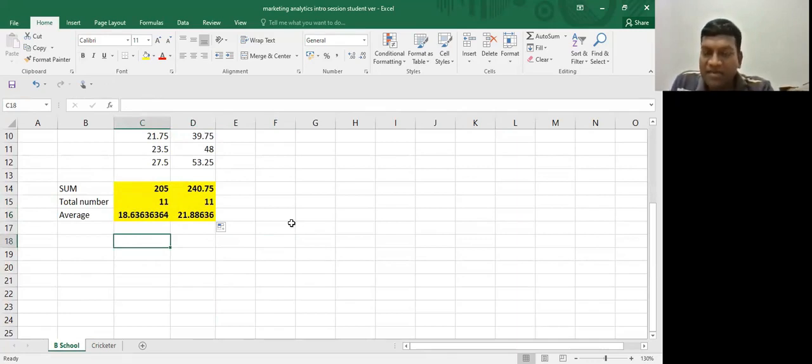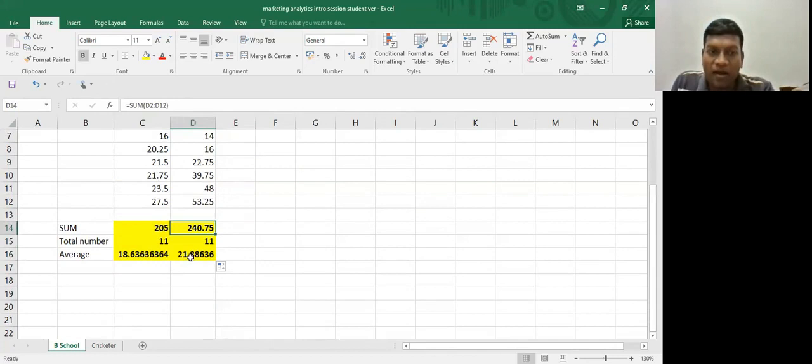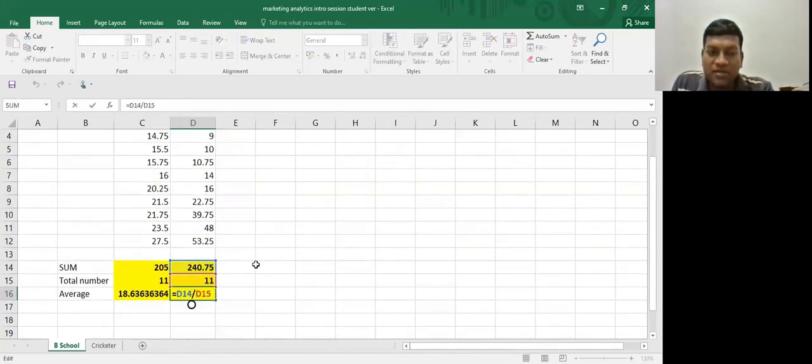I had formatted it as bold and in yellow, and that has got copied. It has also copied the formula: D14 by D15, whereas the formula which I originally gave was C14 by C15. When I copied it to the adjacent cell, that formula got shifted by one cell.